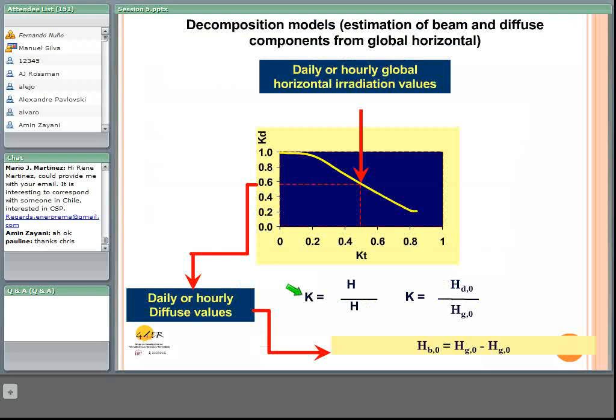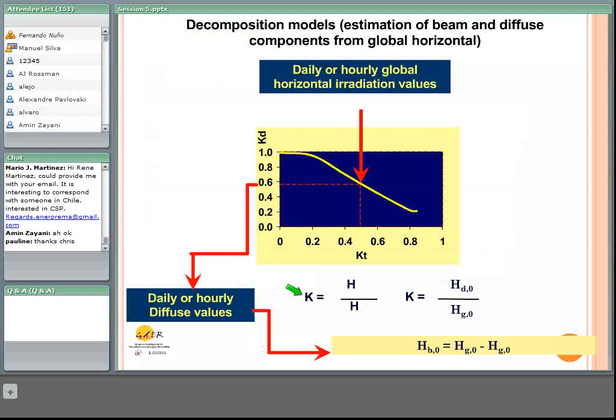And using these models, it's possible to estimate the daily or hourly values of the diffuse components, and by using the conservation equation, we can get the beam component on a horizontal surface, and then using the solar geometry calculation, estimate or calculate the beam component.